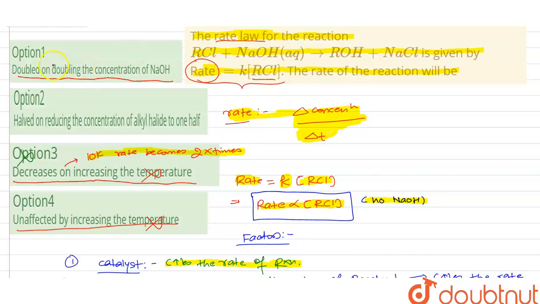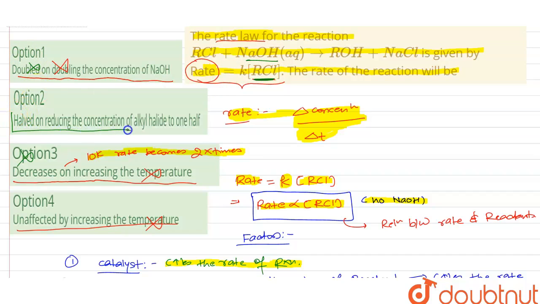So it tells that the rate doesn't depend upon the concentration of NaOH, because the rate law expression tells the actual relation between rate and reactants involved. And in this case, we have only RCl as a reactant, not NaOH. So it will be wrong.